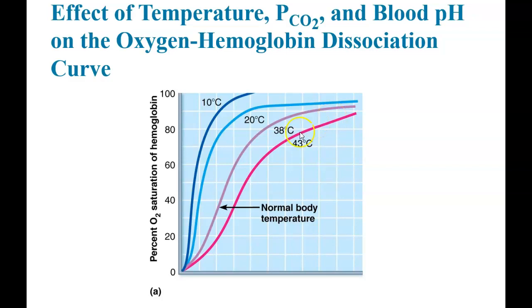Really here what you can see is the temperature, because if this would be the normal body temperature at 38 degrees Celsius, and the temperature increases to 43 degrees Celsius, then the percent of oxygen saturation of hemoglobin is going to decrease with increased temperature. If you lower the temperature to 20 degrees Celsius, then the affinity of oxygen to hemoglobin is going to increase.